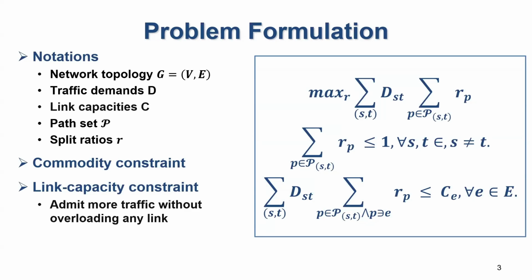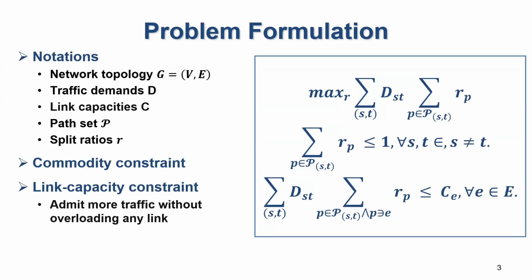Specifically, the first constraint keeps each commodity within its demand budget and enforces non-negative ratios. And the second defines link utilization. The total traffic routed through link E divided by capacity CE is defined as the link utilization. It must be at most 1.